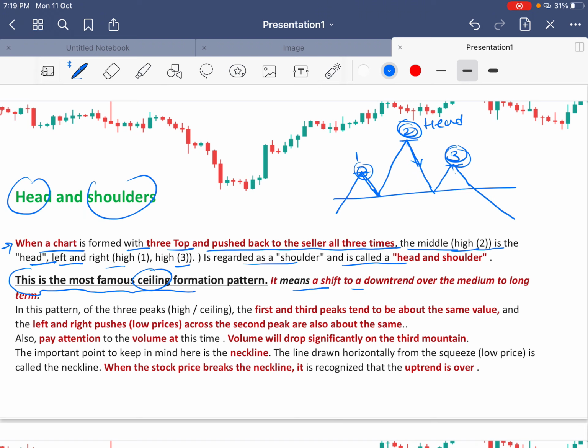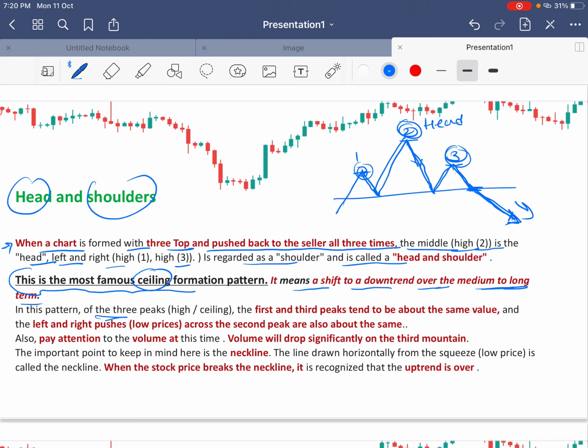It means a shift to a downtrend over the medium to long term. From here you can see that the trend is bullish, but after formation of this pattern, the trend might reverse to the selling side over the medium to long term. So from here you can see the selling entry might start.